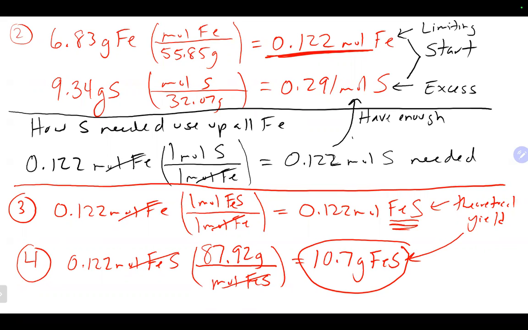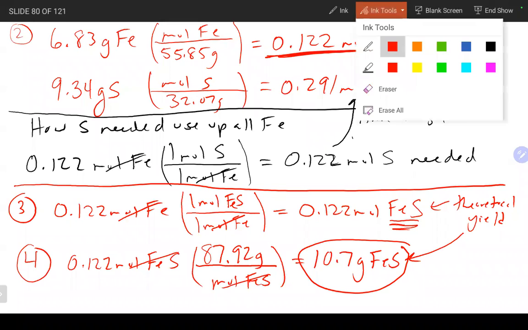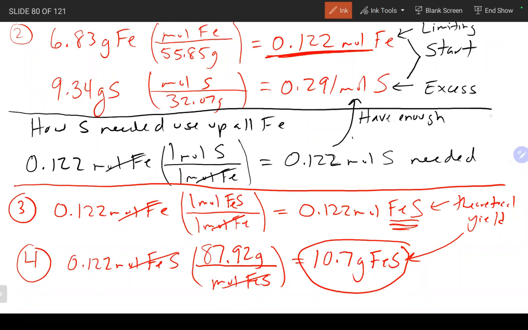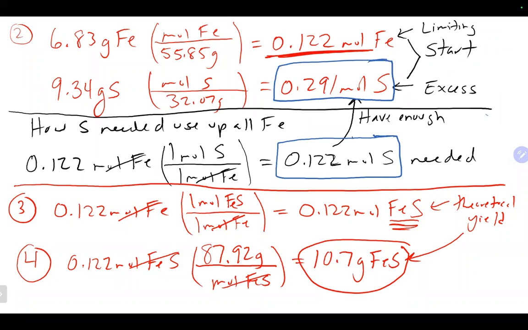While we're here, we could also again figure out how much of the excess reagent would be left over. So in our case, since we chose kind of luckily there, we actually got the excess reagent in our calculation. So we can figure out how much of the excess reagent is left over because based on our original calculation, we needed 0.122, and we are starting with 0.291 moles of it.